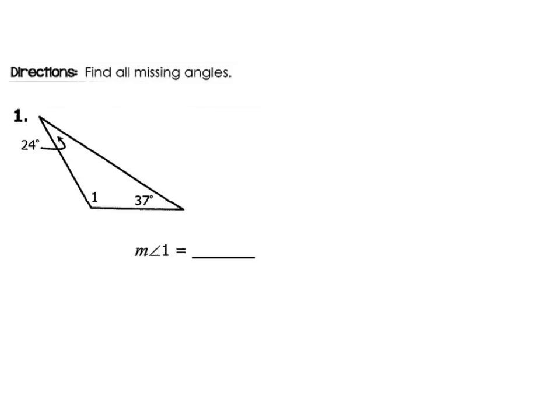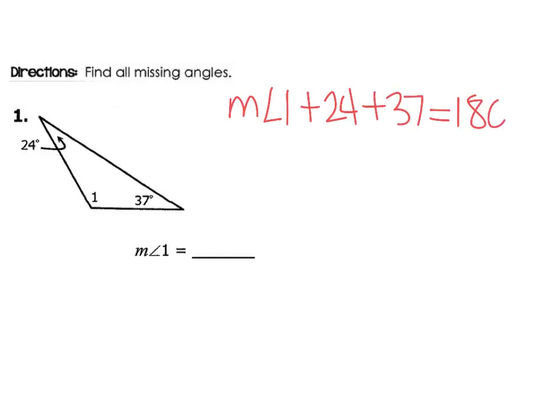Alright, so here's some examples where we need to find the missing angles. So in problem number 1, we want to find the measure of angle 1. Now, the triangle angle sum theorem tells us that all of the angles have to add up to 180. So we know that the measure of angle 1 plus 24 plus 37 has to equal 180.